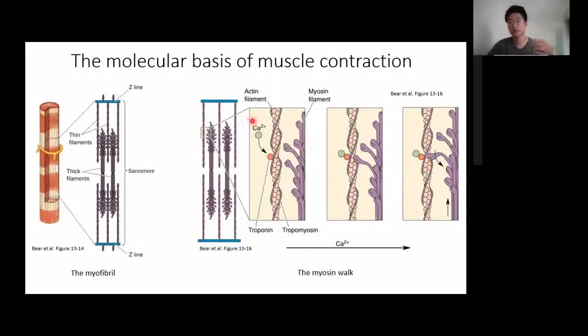But since the calcium keeps coming in, this cycle continues, so the head keeps moving to generate muscle contraction. This is a very simplified picture. In the molecular detail it is much more complicated than this figure shows, so if you're interested, go to the textbook I referred to before.